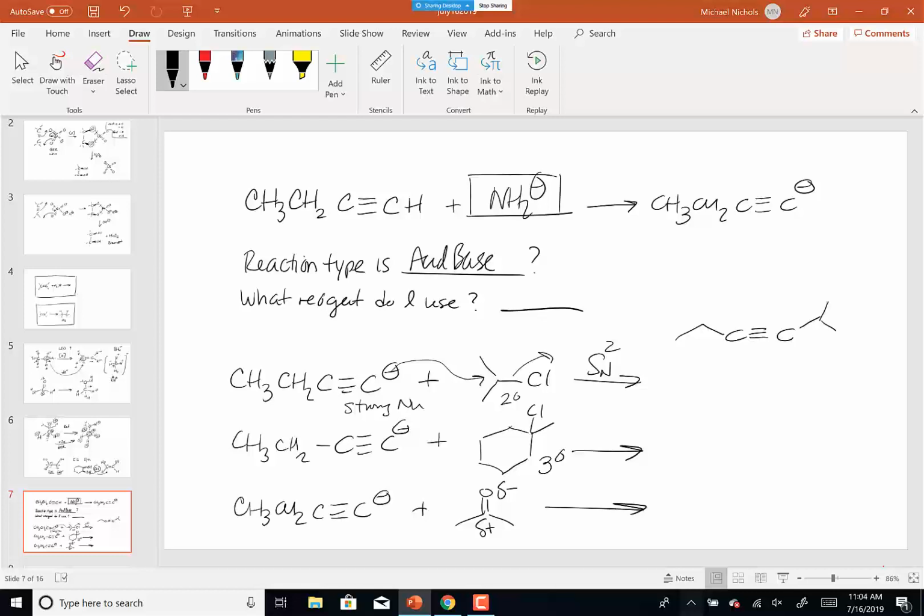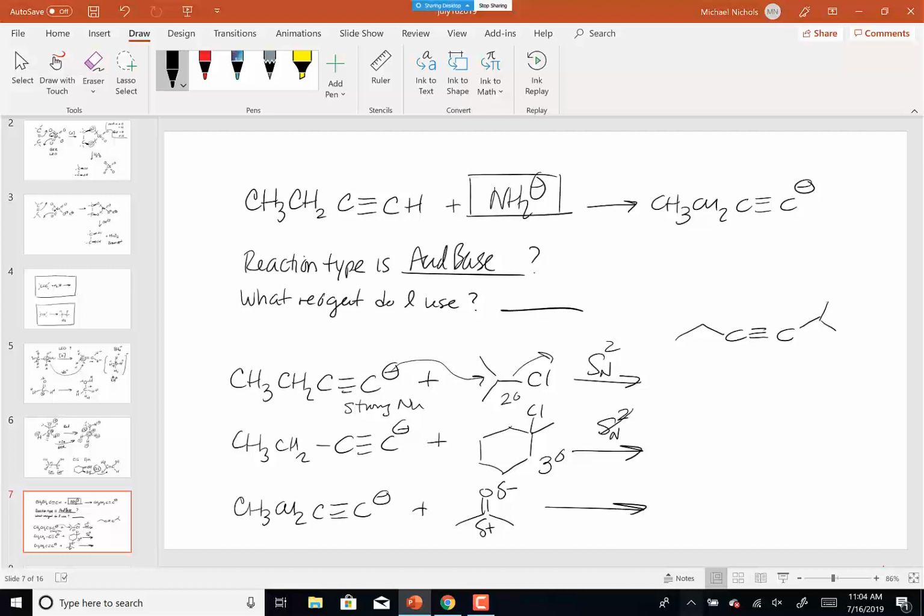And it wants to do an SN2 reaction, and can it? No. Because nucleophiles can't do SN2 on a tertiary halide. Agreed? So we can't do SN2.